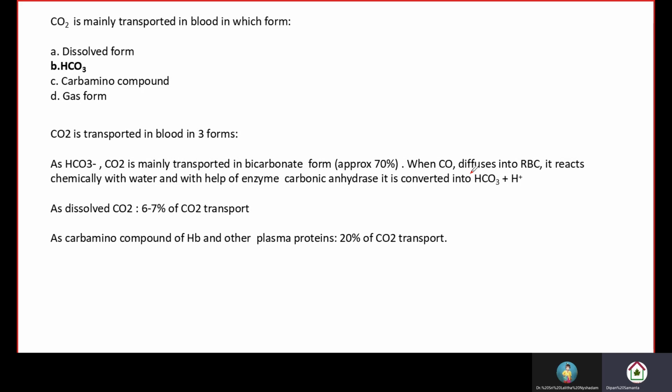CO2 is mainly transported in blood in 3 forms. That is bicarbonate, which is mainly transported. About 70% of CO2 is transported in this form.